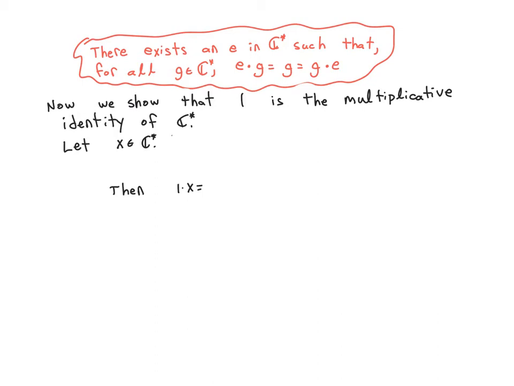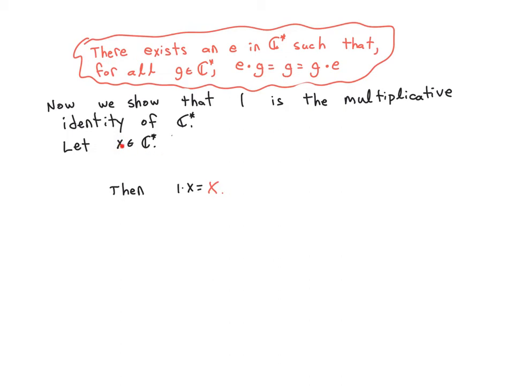Now, the naive thing would be to say that it's automatically equal to x. But that requires a proof. You're assuming the conclusion there, because you need to show why that is true by using the formulas. There's a formula for multiplication of complex numbers that we need to be using here, and we're not using it, so we need more work.